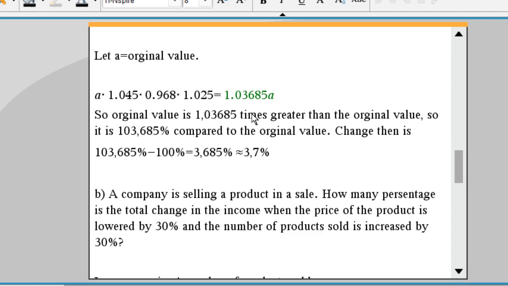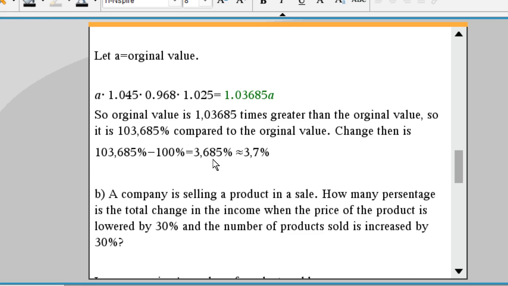And now we just need to change that into how many percentages that is. The number in front of A is multiplied by 100 to get that in a percentage. What this number means is that if the original value is 100%, the new value is 103 point some percent.